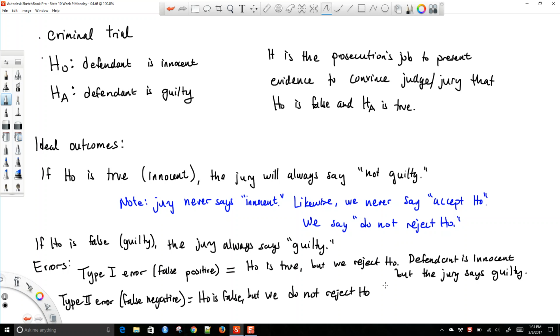And in the context of a criminal trial, what does that mean? That means the defendant is actually guilty, but the jury never says innocent, the jury says not guilty, right?